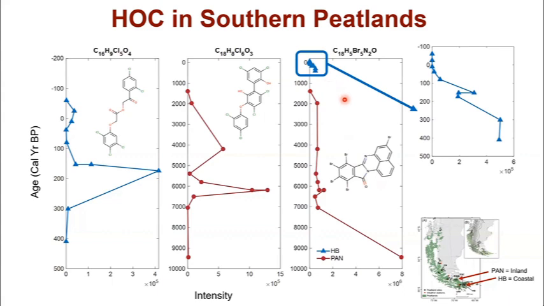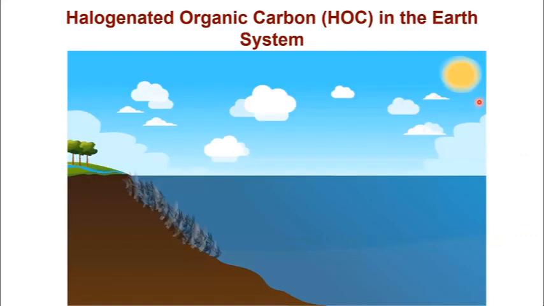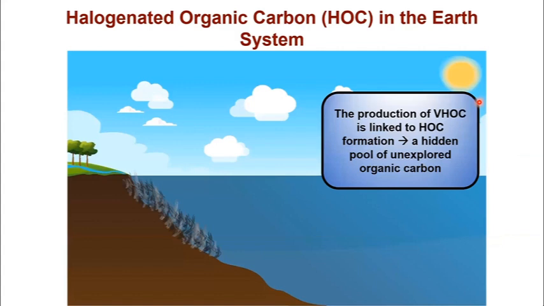But in the HB sample, we can see a clear accumulation through time within a few hundred years of time scale. So what I hope to convince you at this point is that when we have parts per trillion level of volatile organic HOC being produced, beneath that is linking ppm level organic carbon that is being affected.